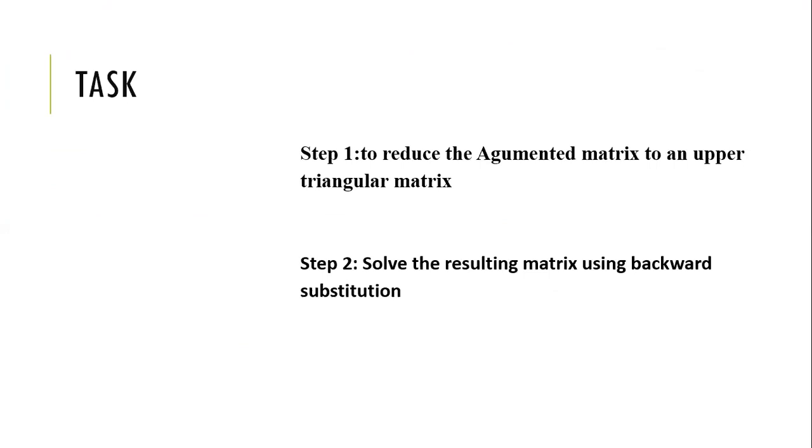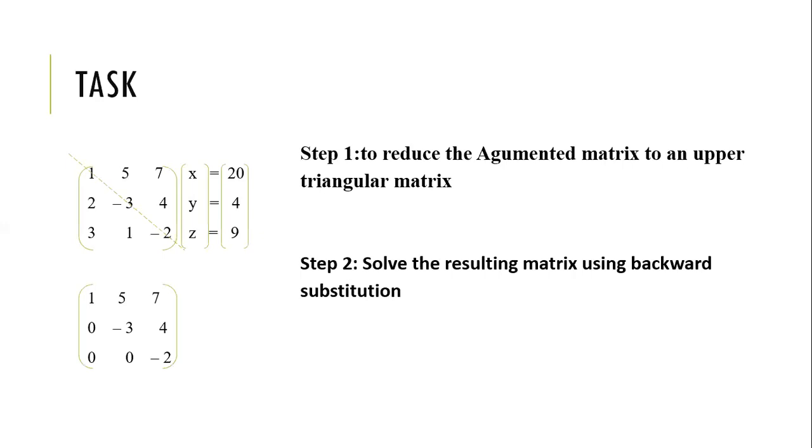So we did say that the major task at hand in Gaussian elimination was to reduce the matrix to an upper triangular matrix like we are seeing here. Once we are done, then we can use backward substitution to solve for it.